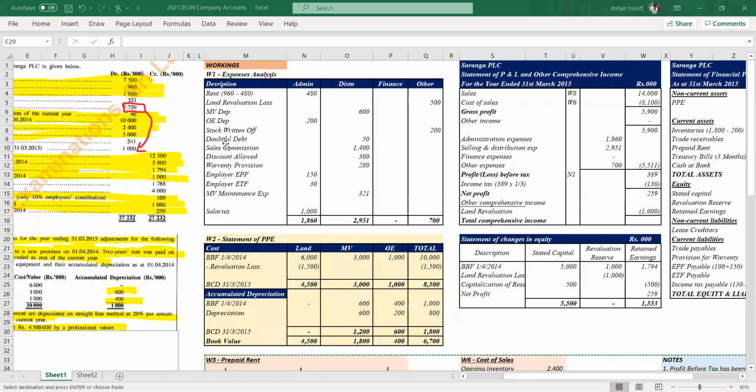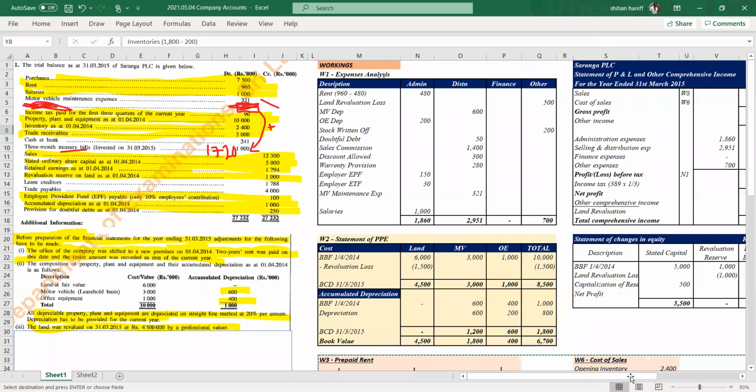So I didn't take lease interest 720. 1800 minus 200 is 1600 because the inventory should be valued at the lower of cost and NRV.